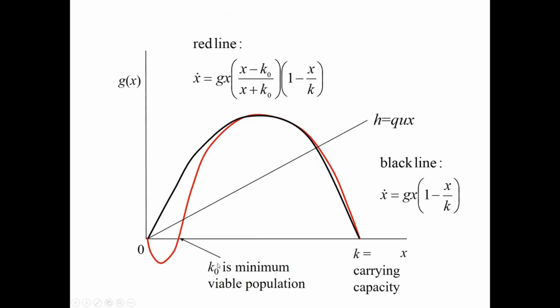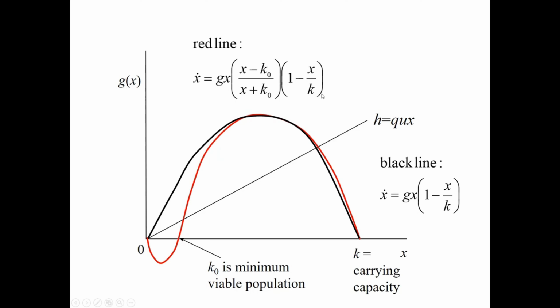All right, now, it's unrealistic to think that a population would, the moment it increased beyond zero, go on its own to the carrying capacity. Rather, we often specify what is known as a minimum viable population, denoted by K0 here, and we then use a functional form which looks like this.